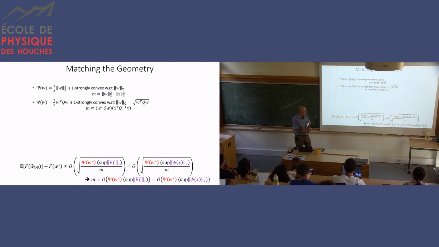But now, if I look at my guarantees, what I get is the Q norm of the predictor times the dual norm of the data, which corresponds to the Q inverse norm, the norm measured under the inverse quadratic term. So you can see that I have flexibility in choosing which norm and which regularizer I work with.